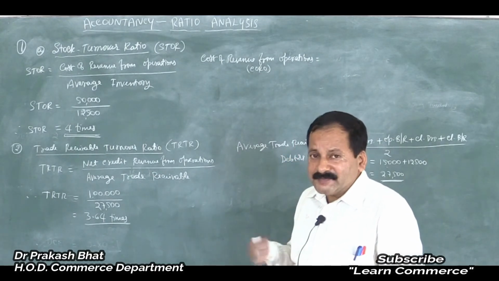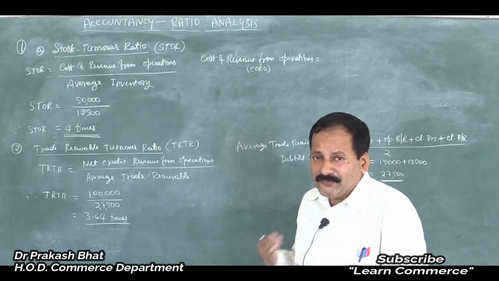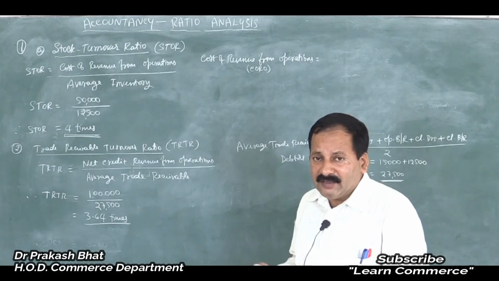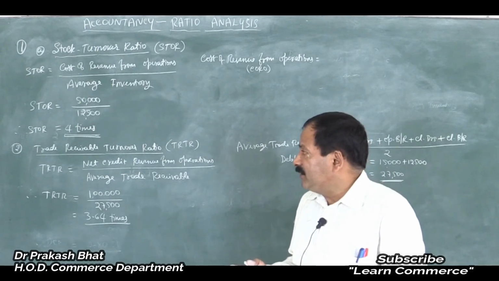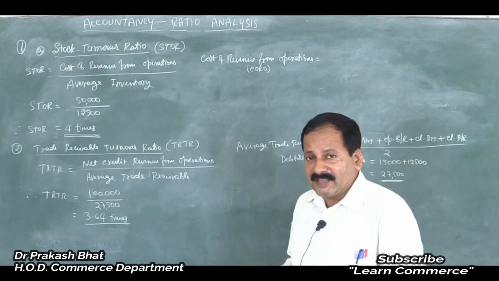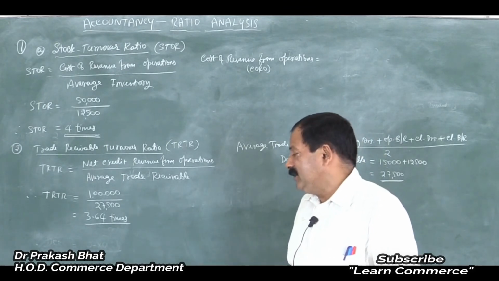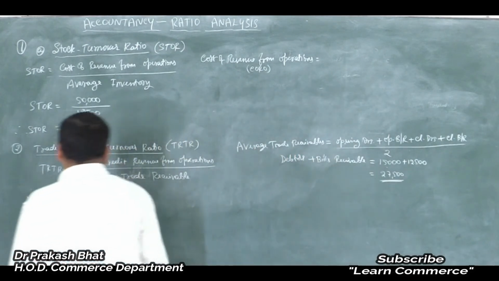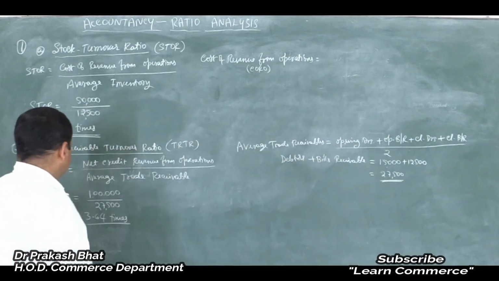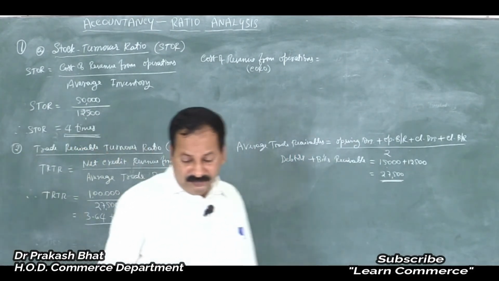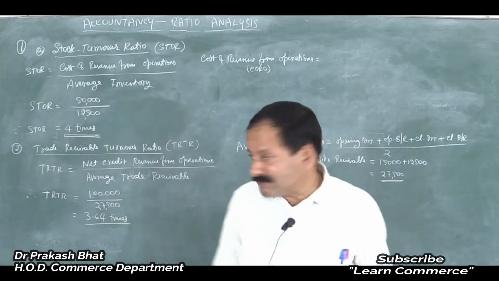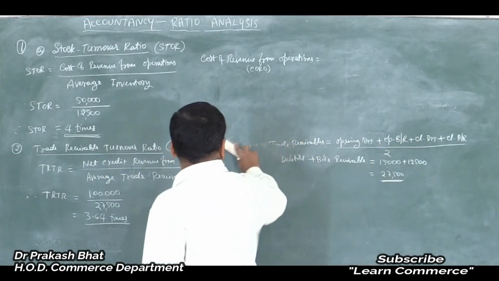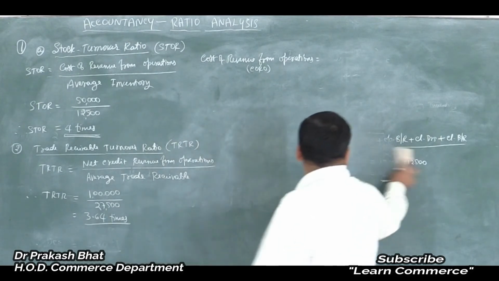How many times we get the cash from the debtors, again we will give them credit, isn't it? Again they will pay the cash. How many times does it happen in a year? That is 3.64 times, or almost 4 times, isn't it? Yes, that is what the solution is. Now let us move on to the next ratio. I will deal with this.